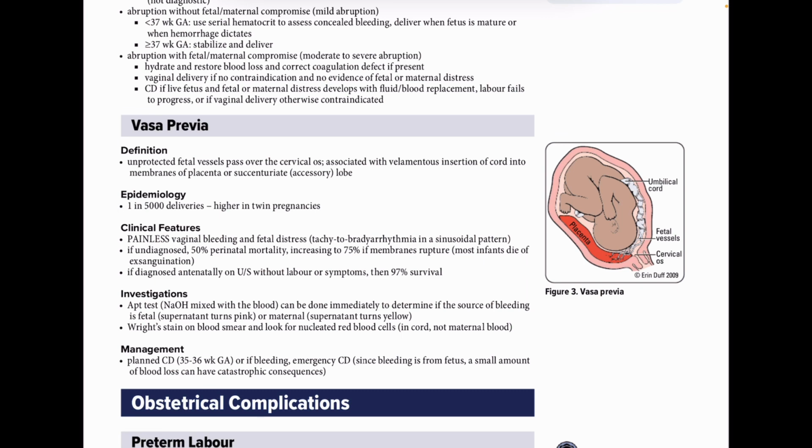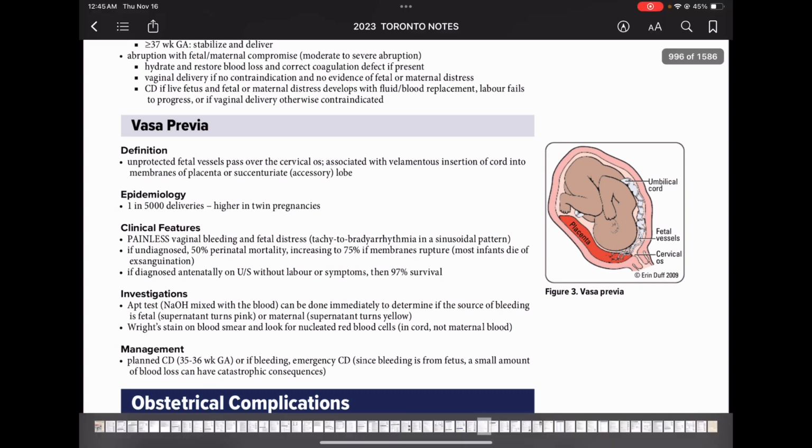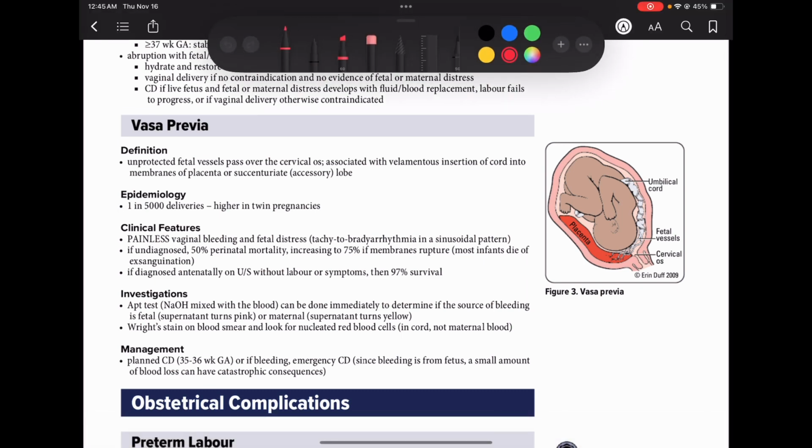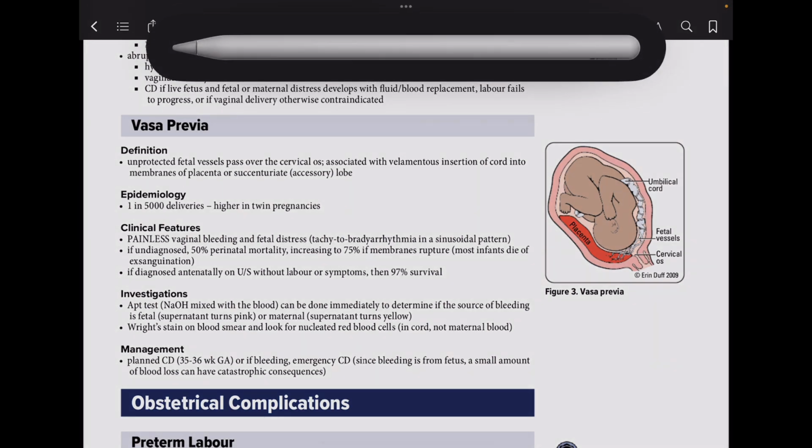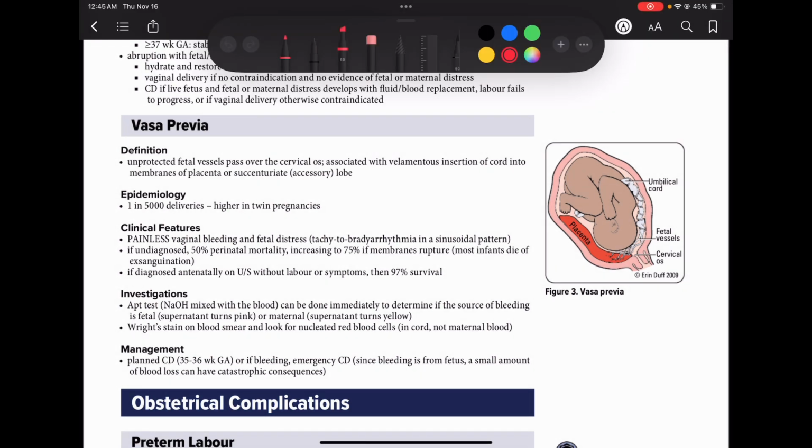So right here in the clinical features, we can see that the vaginal bleeding in vasa previa would be painless vaginal bleeding, and fetal distress. Talking about vasa previa specifically, these are fetal vessels which are exposed right on the cervical os.